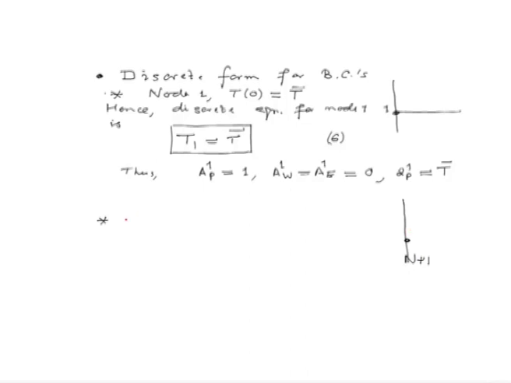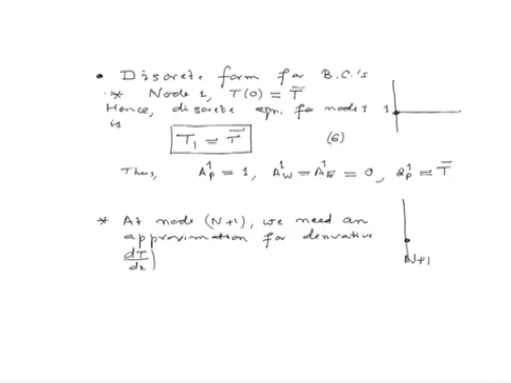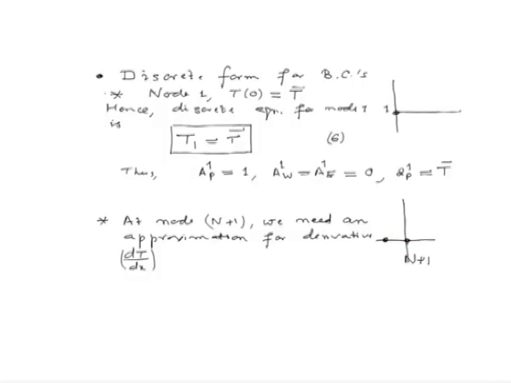So, at node n plus 1, we need an approximation for a derivative dT by dx, and the simplest approximation which we are going to choose is our 2-point backward difference scheme, which will involve values at n plus 1 and node n.